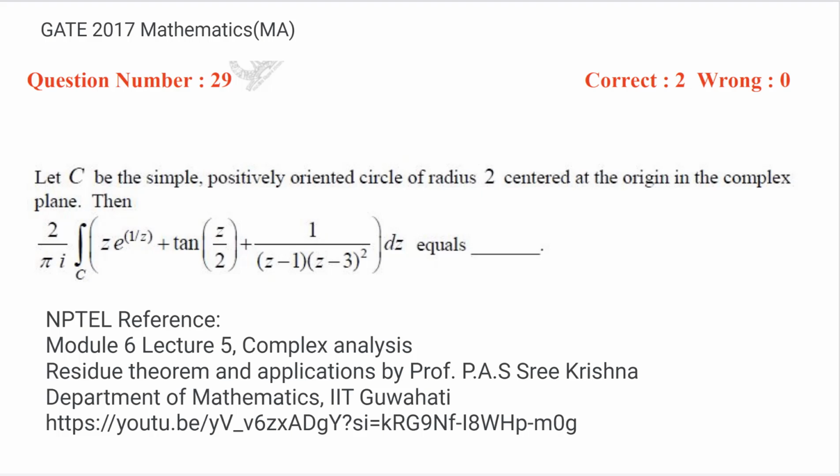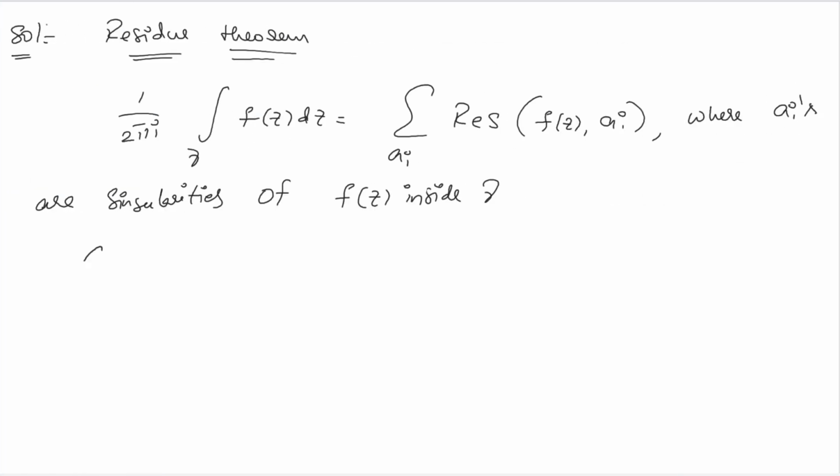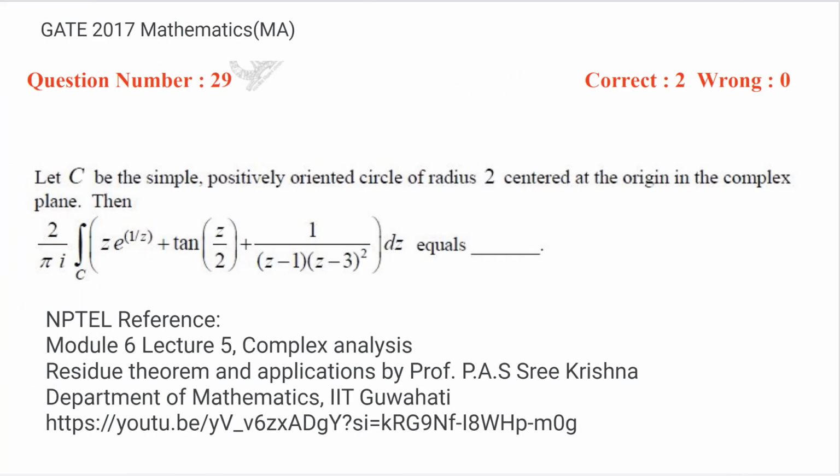So it is given that the curve C is z in C such that mod z equal to 2. As it is given, C is the simple positively oriented circle of radius 2 centered at the origin.